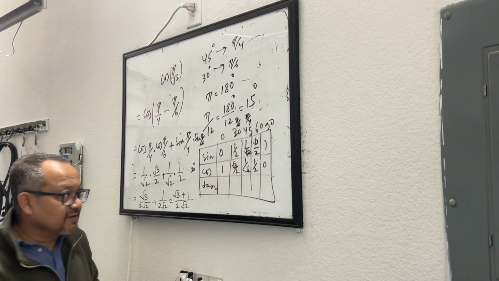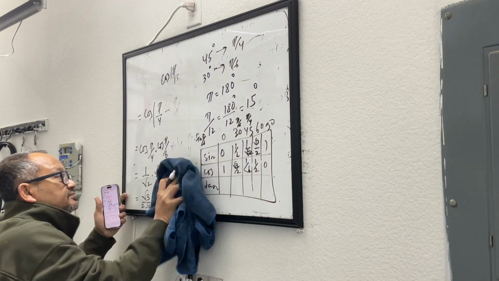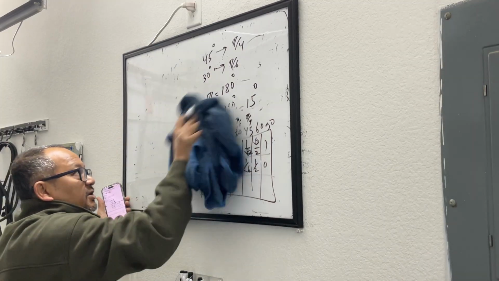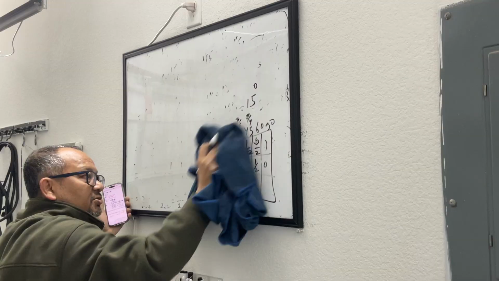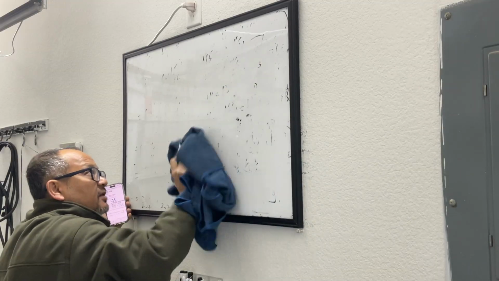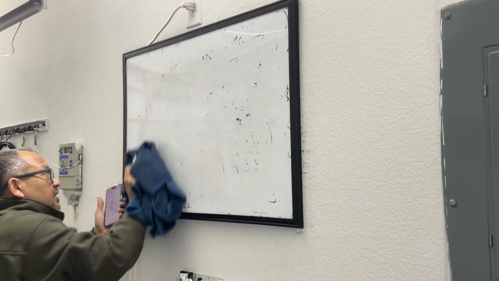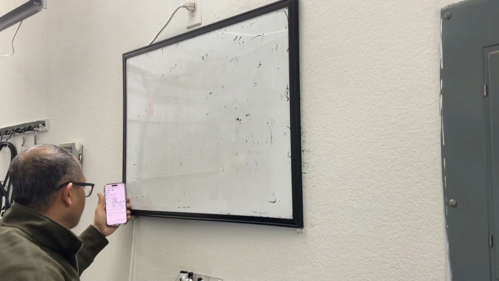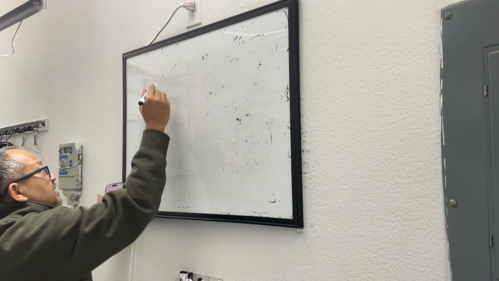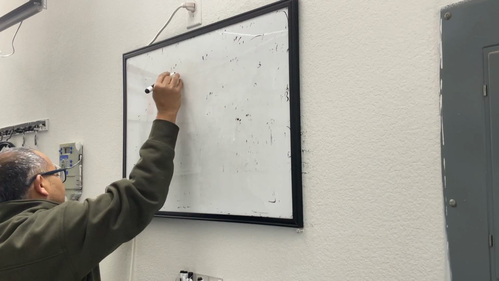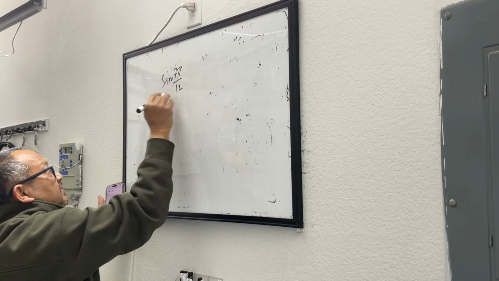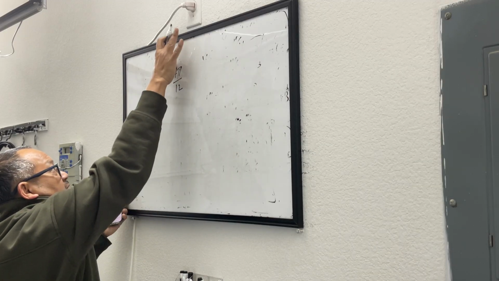Now, let's look at another situation. This one I will not do. I would want you to do it, but instead of focusing more on getting the answer, I would want you to narrate the story for me. It says evaluate sine of 7 pi over 12. So you have to tell me what would be your approach.